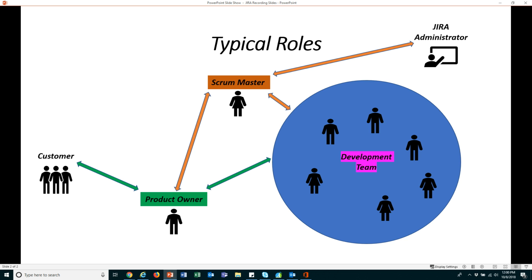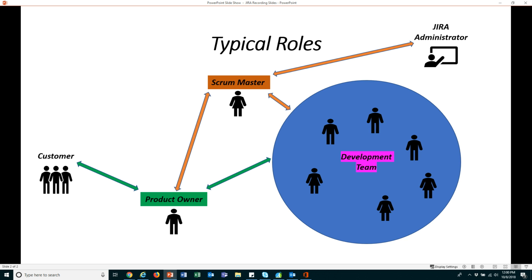We don't want the development team doing this because we want the development team really focused on the development work that they have on their plate. All right, so that's where we employ our Scrum Master to be that conduit from the team to the Jira administrator to make sure that the team is getting everything that it needs.